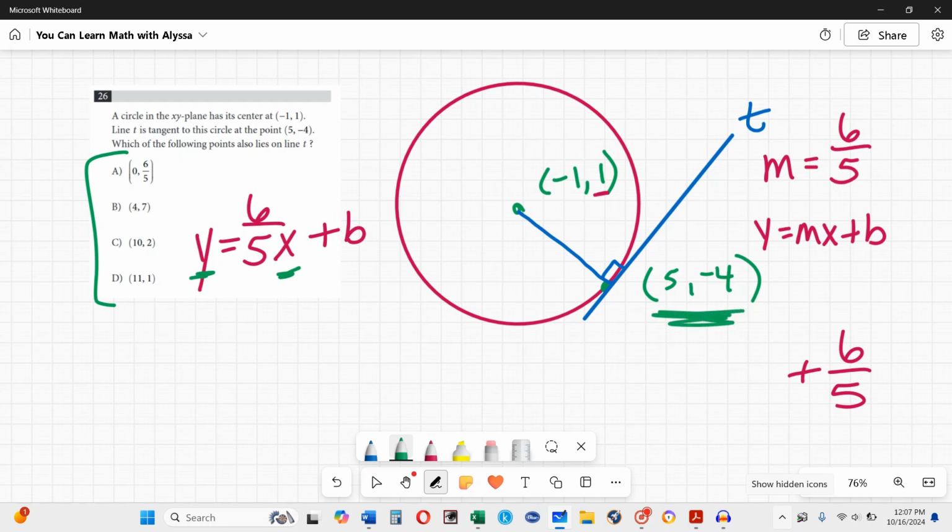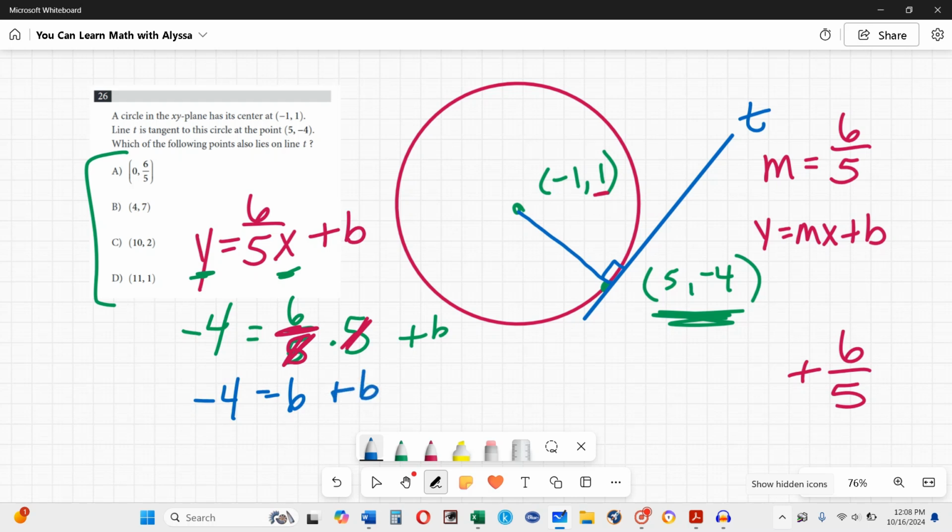And I know that 5, -4 is on this line, so I'm going to plug those in. -4 goes in for y, and I have 6/5, my x is 5, and then plus b. Here, 6/5 times 5, those 5's cancel out, because 6 divided by 5 is another way of saying times 1/5. So those cancel, and that just leaves me 6. So -4 equals 6 plus b.